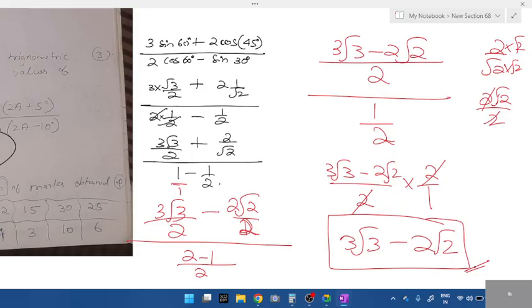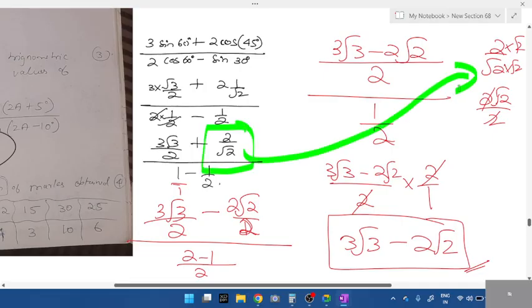The main concept here was this conversion, students. I've taught you a lot of questions like this. Whenever the denominator is root 2, you have to convert. If not, it is not possible to take LCM. Can't take this.